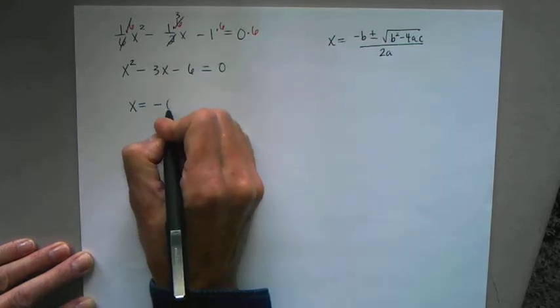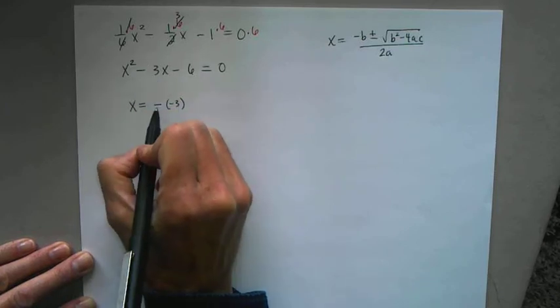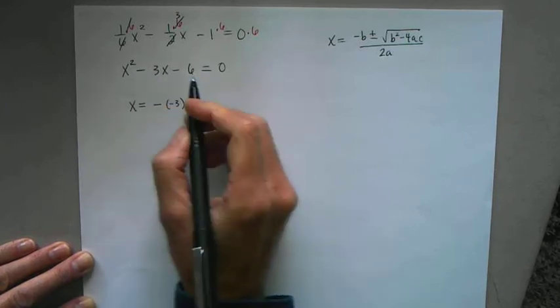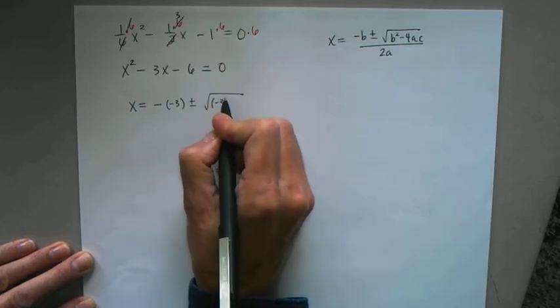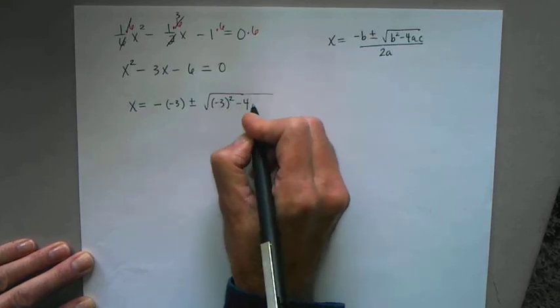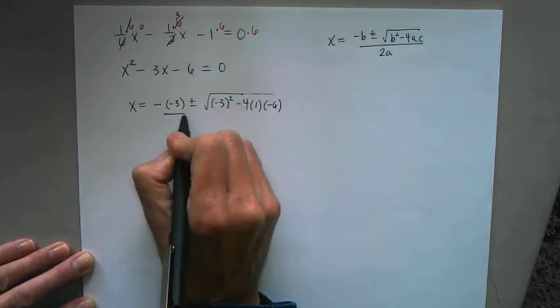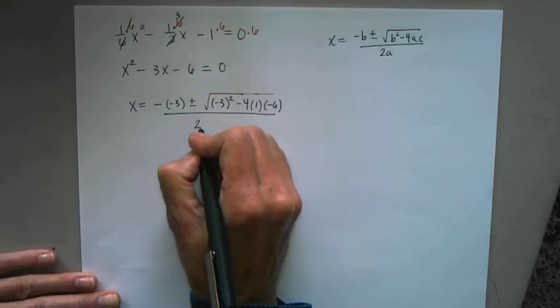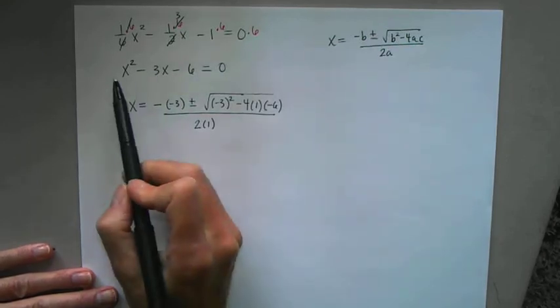So I have 3 plus or minus the square root of b squared minus 4ac. And again, that has a negative in front of it, so it's negative 6. All over 2a. So just plug it into your formula. a is 1, b is negative 3, c is negative 6.